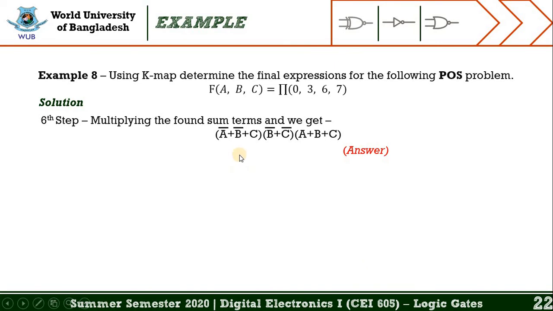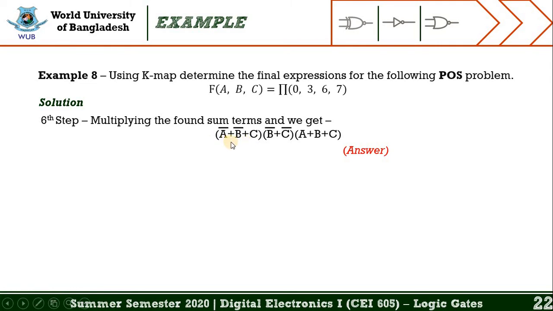And the last step is multiplying the found sum terms, as already mentioned in the question. POS stands for product of sum, so we get three sum terms from three groups.